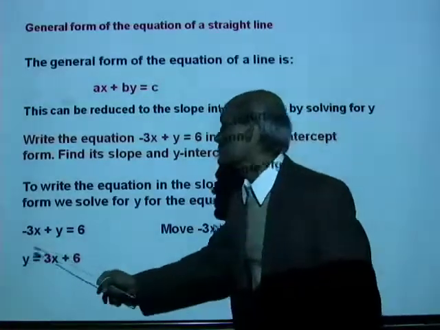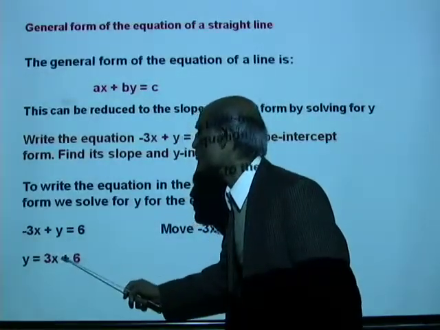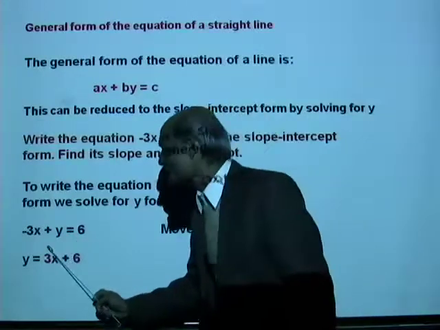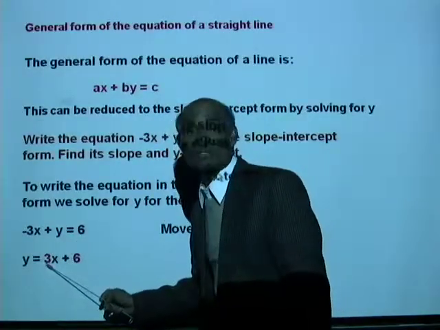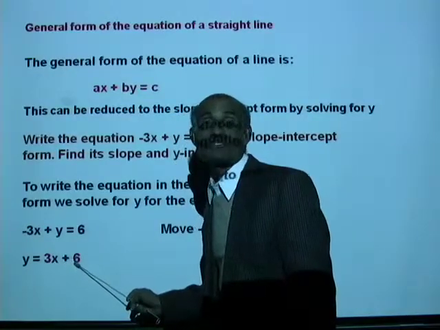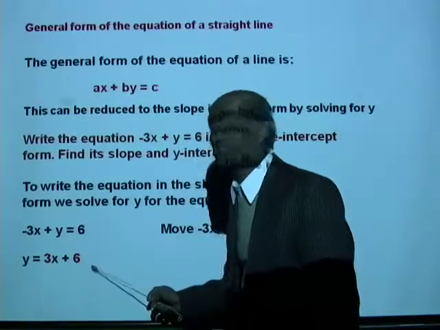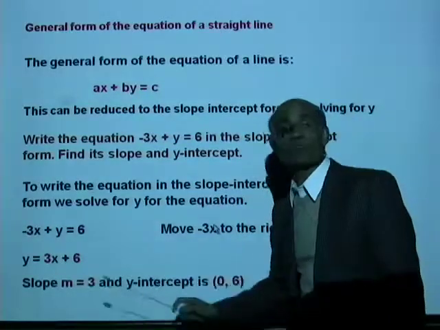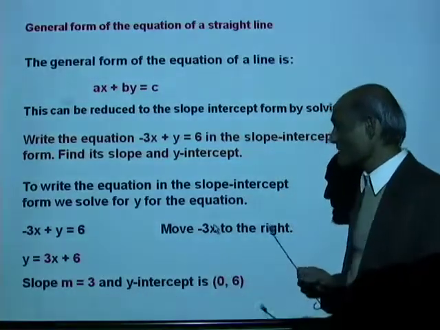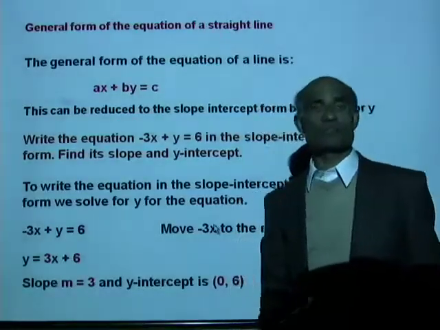And that becomes y equal to 3x plus 6. That tells me that the slope of the graph of this line is 3 and the y-intercept is (0, 6). Those are the two pieces of information you get from there. So the slope m equal to 3 and the y-intercept is (0, 6).